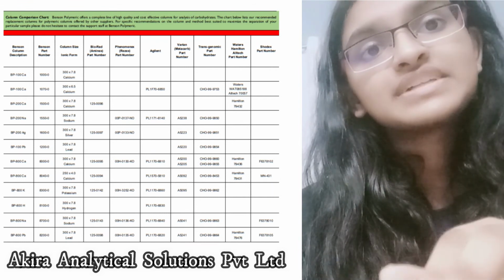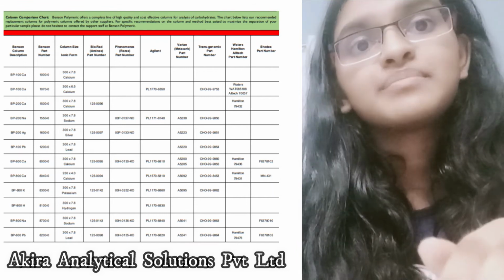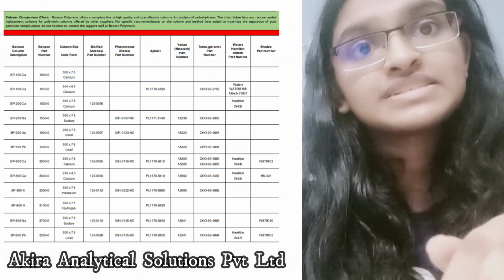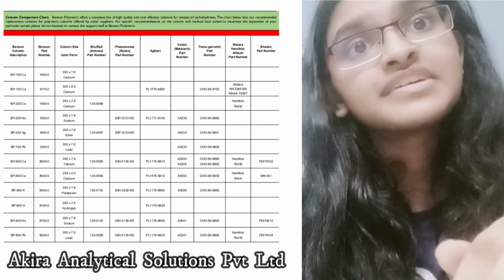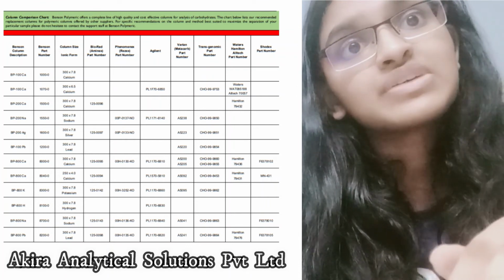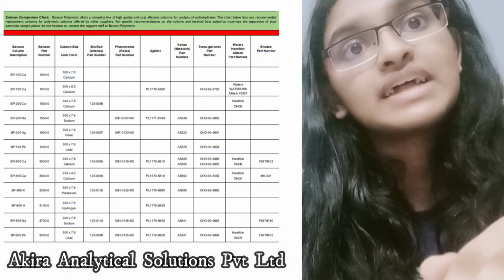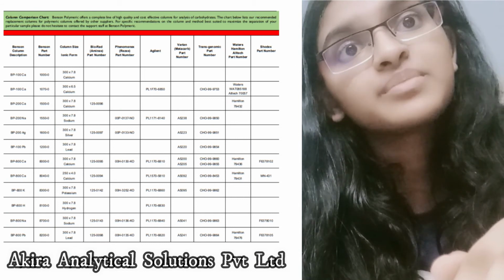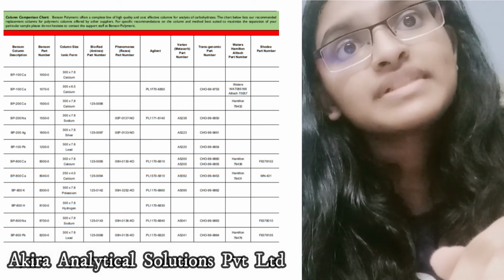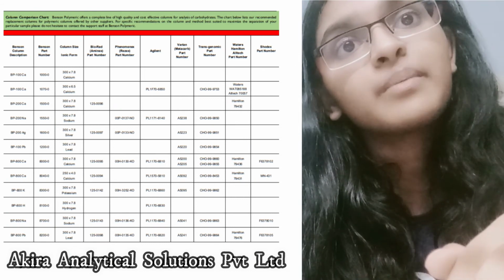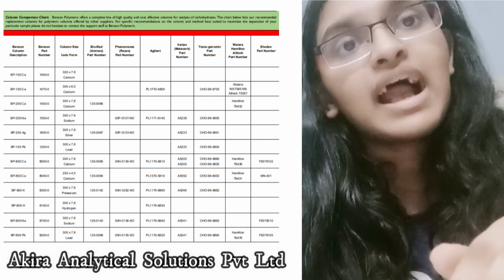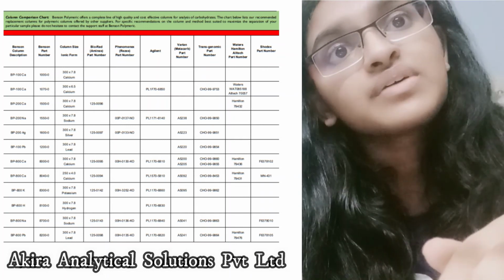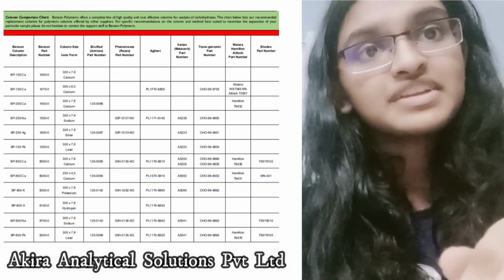This is the Benson column description, Benson part number, column size and ionic form, the Aminex part number, the Rezex part number, and the Agilent and the Varian MetaCarb part number, along with the Transgenomic part number and Waters Hamilton Aztec part number, along with the Shodex part number.